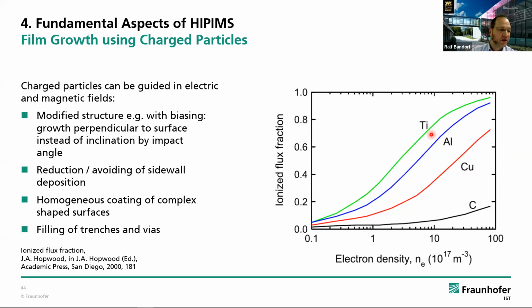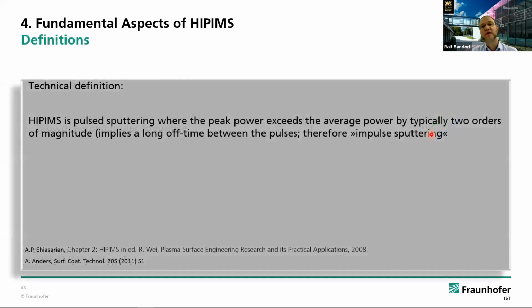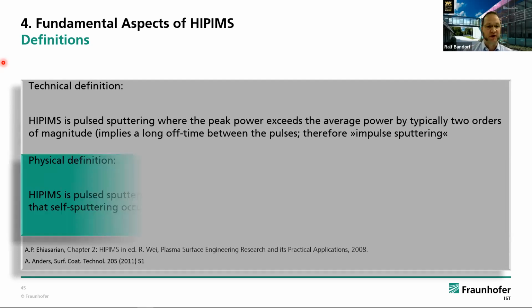And there were two definitions given for HIPIMS. You can follow a technical definition and say HIPIMS is a kind of pulse sputtering where the peak power exceeds the average power by typically two orders of magnitude. This implies that you have a long off time between your pulses, and this then results in impulse sputtering.